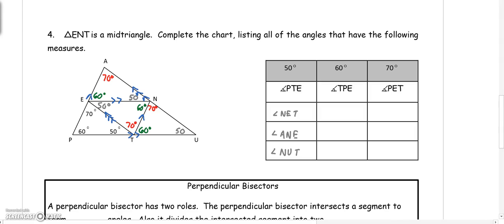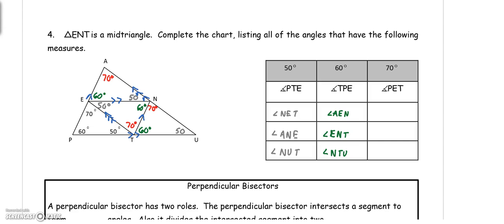My 60 degree angles, one of them given to me is EPT. I also know I have an angle AEN that's 60 degrees. Angle ENT in the middle triangle, and angle NTU.